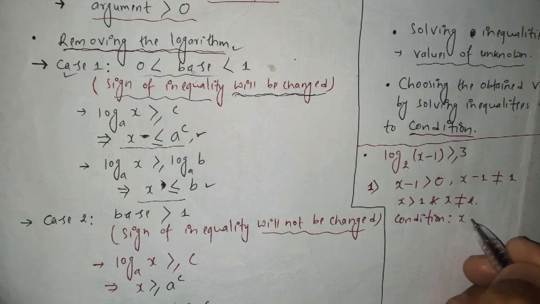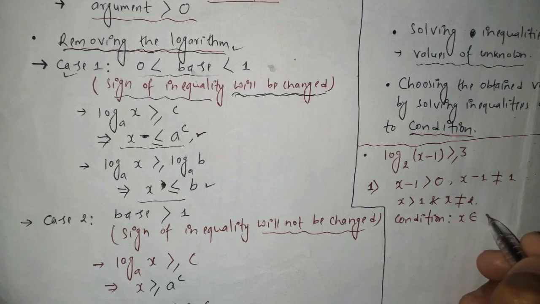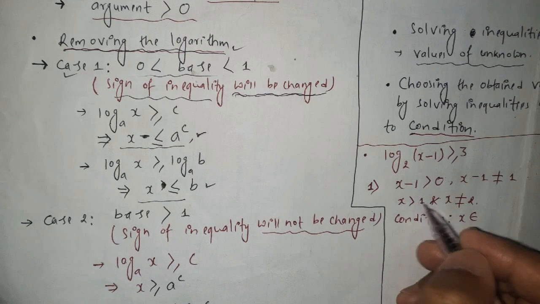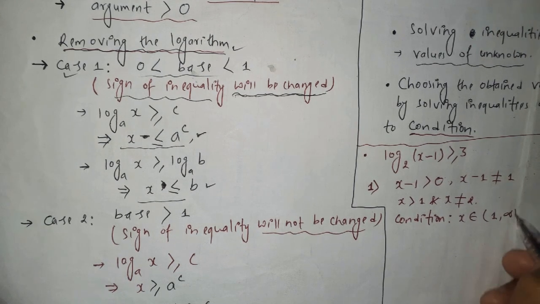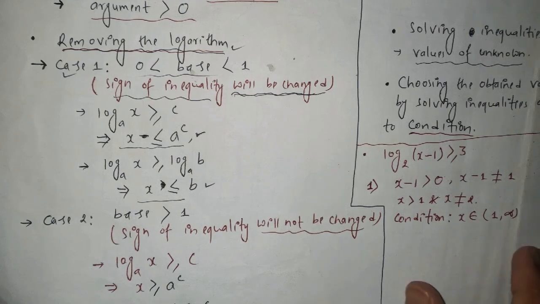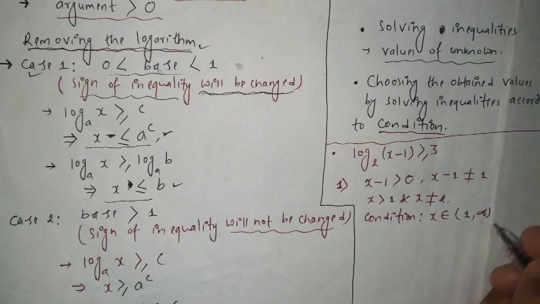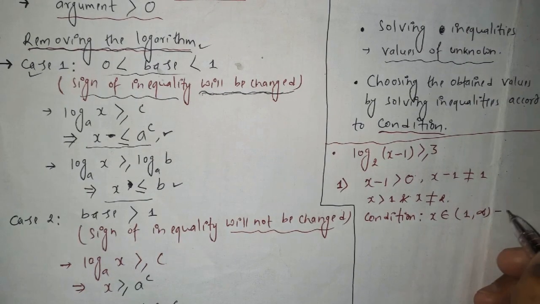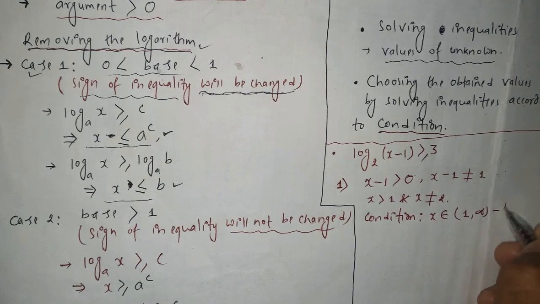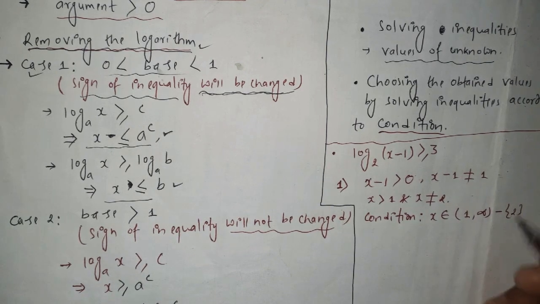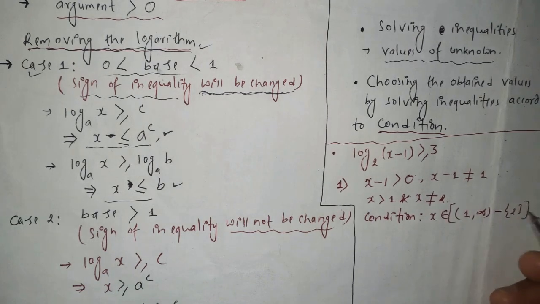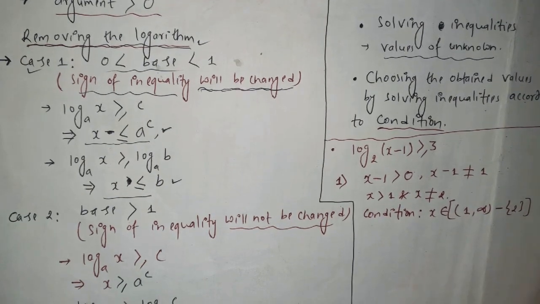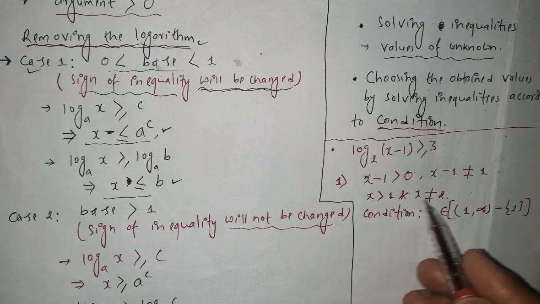So x belongs to the open interval 1 to infinity, with 2 eliminated from this set. This is the solution set for these two conditions.